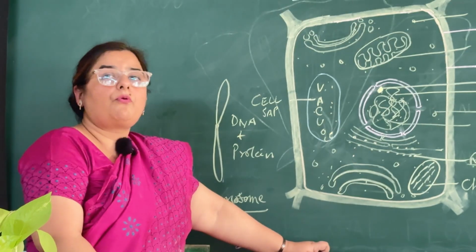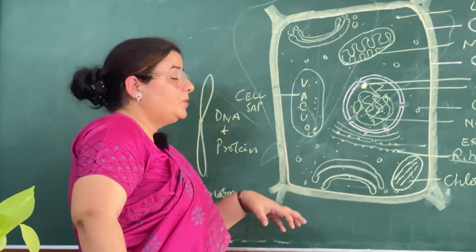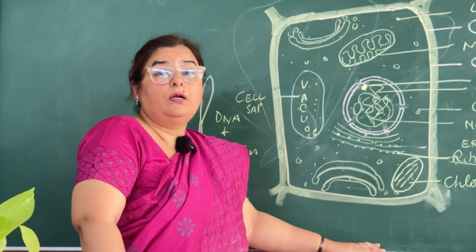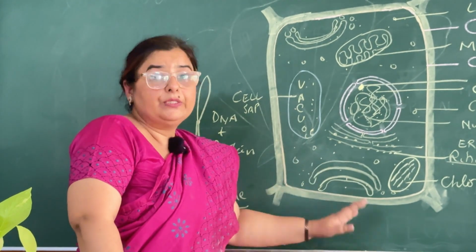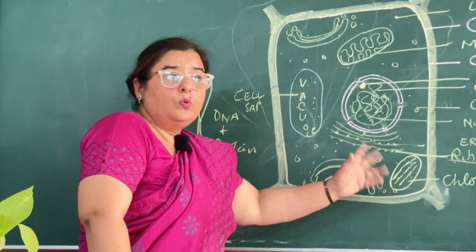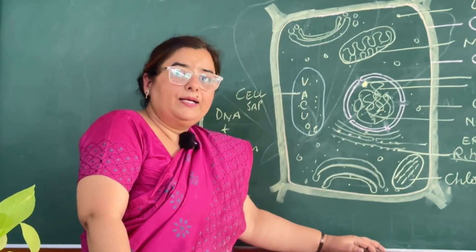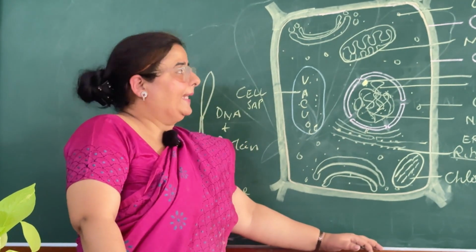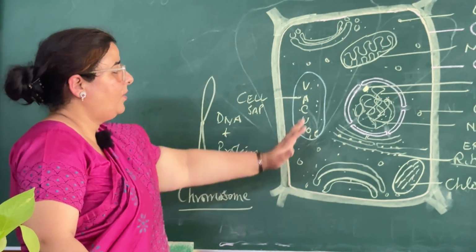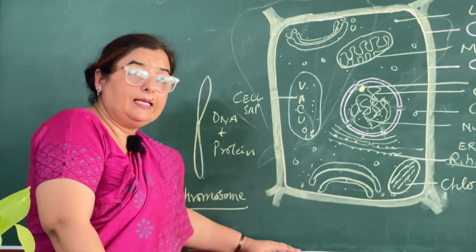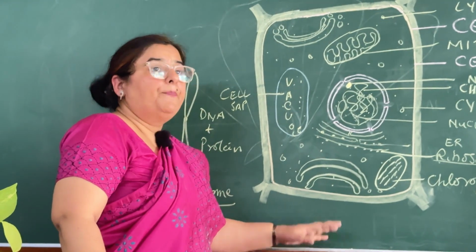But if something goes wrong, during some cellular disturbance, the lysosomes may burst and release their digestive enzymes which can digest the entire cell, all the organelles of the cell. So its own cell is killed. That is why they are known as suicidal bags of the cell. So this is basically the structure of plant cells and all the cell organelles inside them, which have their own particular function.